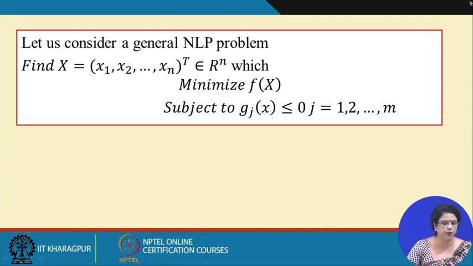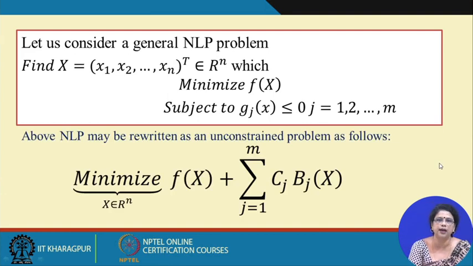That is why we can convert this constrained minimization problem into an unconstrained minimization problem: minimization of the objective function plus summation Cj Bj, where Bj is the penalty function. In the interior method we call it a barrier function.